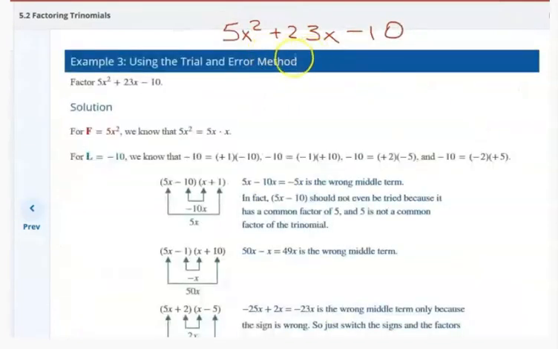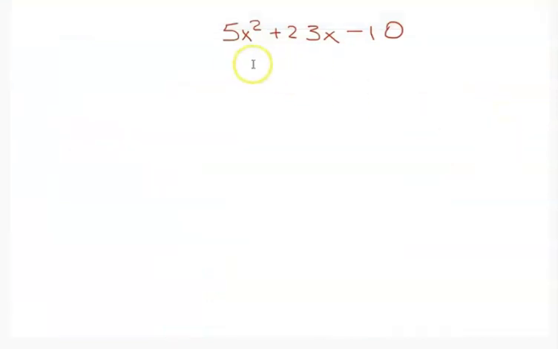Now, in this example, and they're calling this number 3, so the previous one you might think of as 2A or background, and we'll go to the whiteboard. And again, trial and error. Now, is it in standard form? Yes.